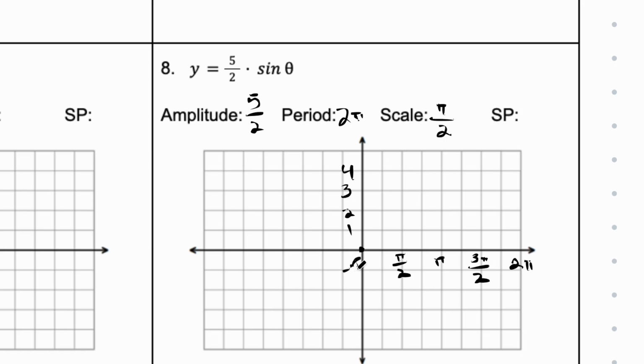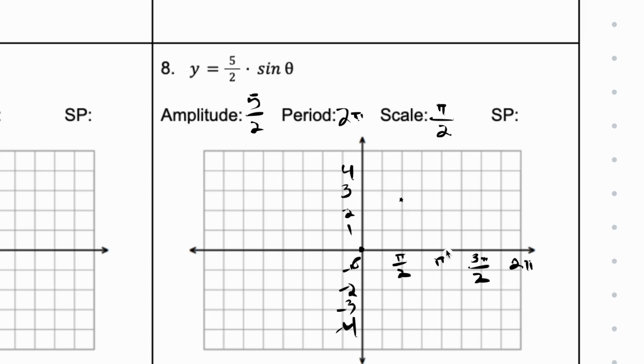Then just use that. So -1, -2, -3, -4. Okay, so we plug in pi over 2. Sine of pi over 2 is going to be +1. +1 times 5/2 is going to give us 5/2. Wow, that looks like a star.